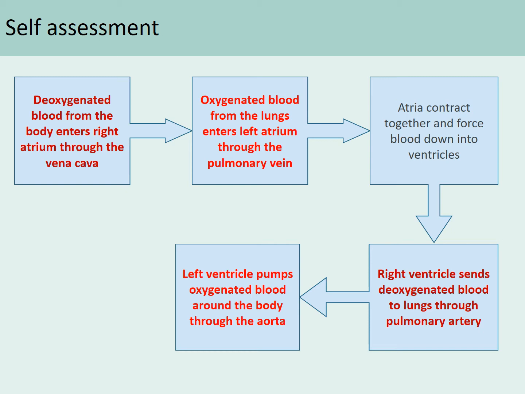So this is putting both of them together, and that happens through the pulmonary vein. The atria then contract and push the blood into the ventricles. The right ventricle sends deoxygenated blood to the lungs through the pulmonary artery, and the left ventricle pumps oxygenated blood around the body through the aorta.